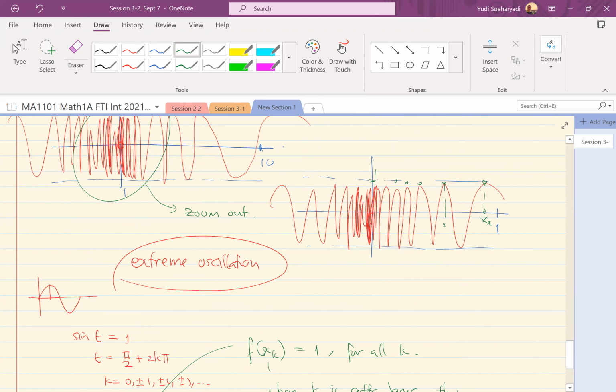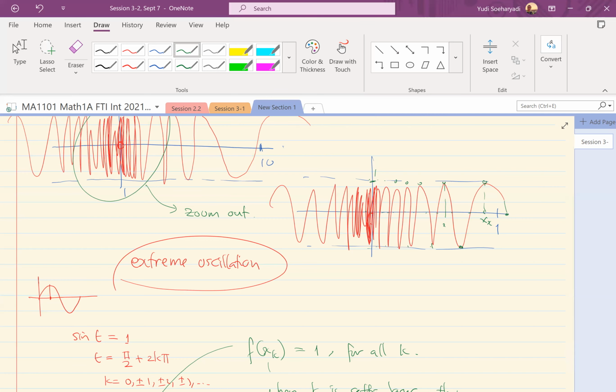Similarly, an observer jumping around at the bottom of the wave thinks that it should be close to -1. And an observer just staying at the bottom here at 0 will think that it's close to 0.